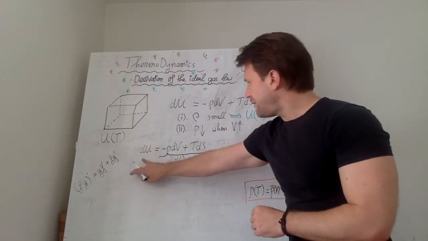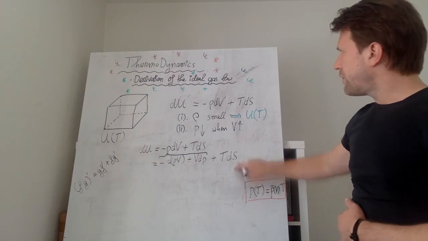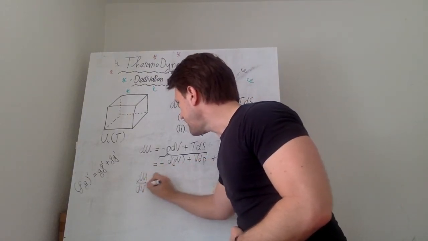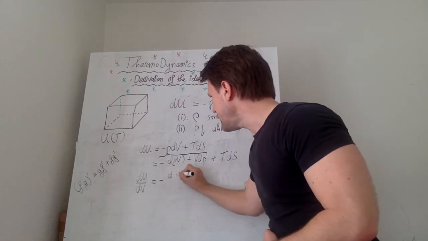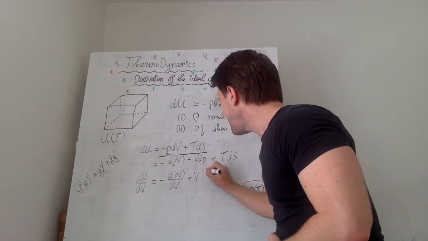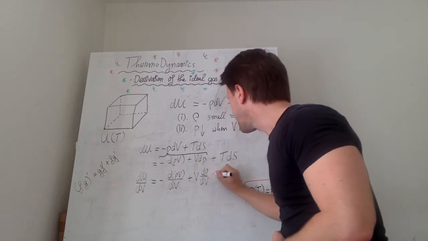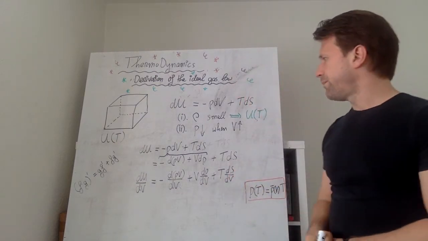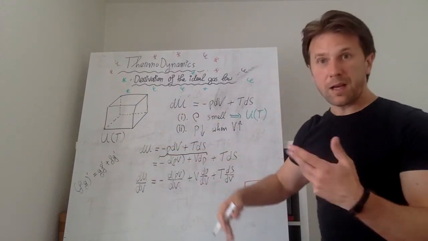I am going to take this equation, and just as before, I'm going to divide it by dV. So I get dU/dV equals minus d(PV), it's a long expression, plus V dP/dV plus T dS/dV. This is just this rule divided by dV.